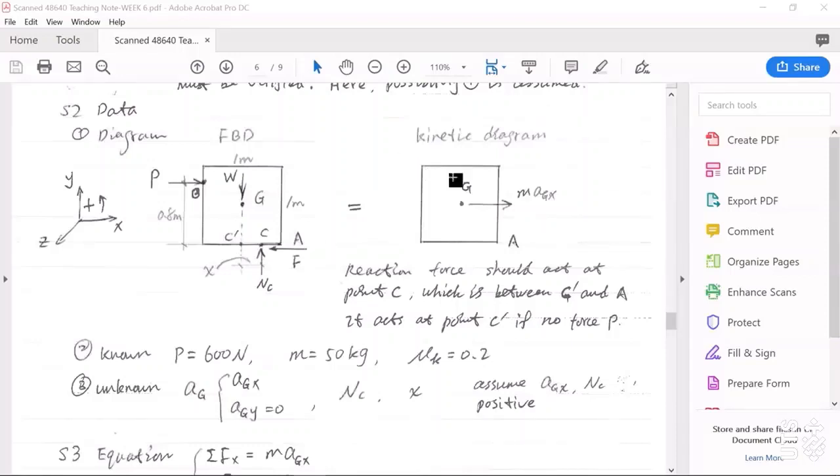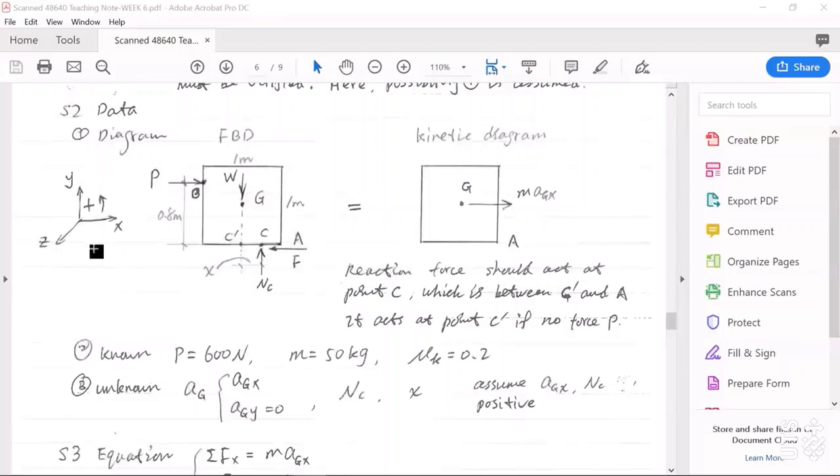Okay, now the kinetic diagram. Because this is a rectilinear translation problem, here we only have m aGx, and aGy must be 0. We use a very conventional coordinate system x, y.